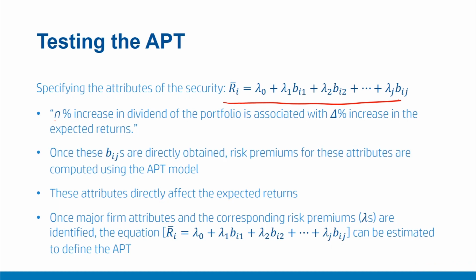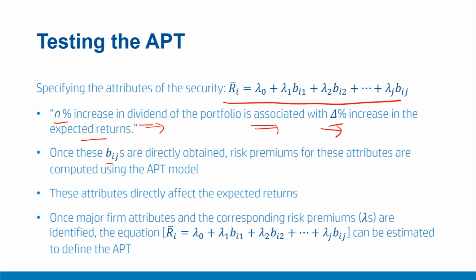More precisely, while specifying the attributes of the security and estimating the lambdas and Bijs through this APT equilibrium model, let's look at this statement: an N% increase in the dividend of the portfolio is associated with a delta % increase in the expected returns. Here, dividend is that security-specific characteristic which also determines the expected return from the security. So we can quantify a certain level of dividend, or the change in level of dividend, with a certain change in expected returns.